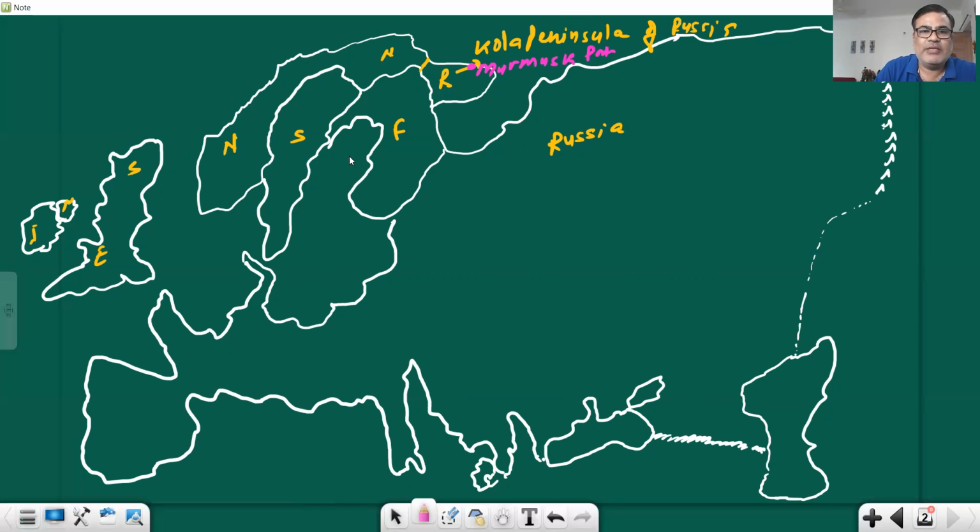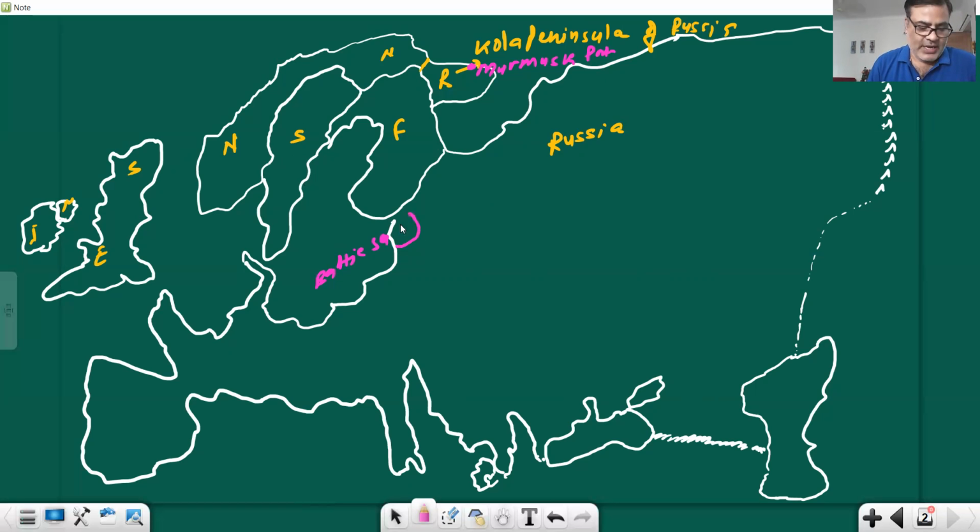Now, as you know, Norway, Sweden, and this, you have to talk about a few countries here, and these are called the Baltic states. This is because of the Baltic Sea. The states are Estonia, Latvia, and Lithuania.